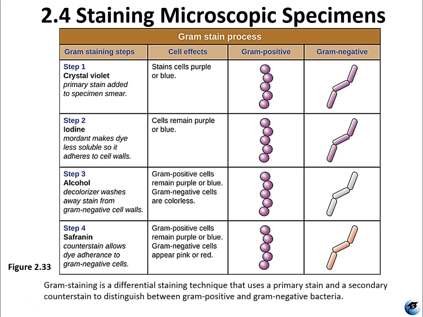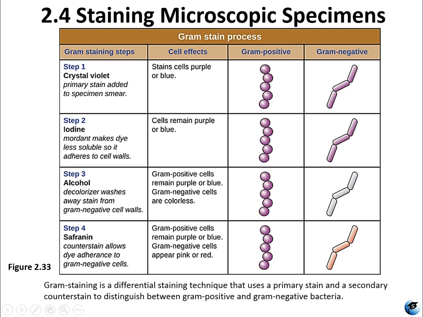But what it's doing is acting as a mordant. A mordant is something that is going to hold in that primary stain if it meets certain requirements. So in a gram stain, the primary stain will be held throughout the procedure if it is gram positive, okay?